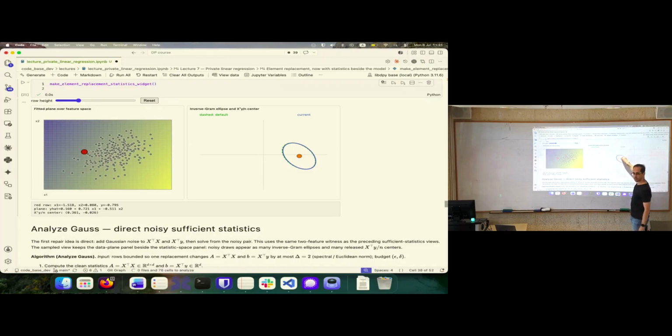Where the center of the ellipsoid is corresponds to x transpose y, and the shape of the covariance corresponds to x transpose x. And as the point moves away in the direction where there's larger sensitivity, changing its y has a bigger effect.